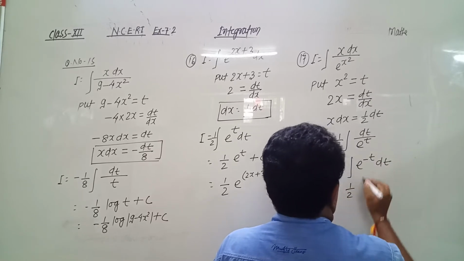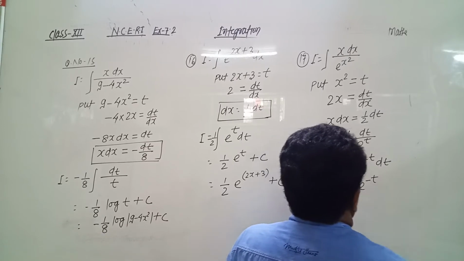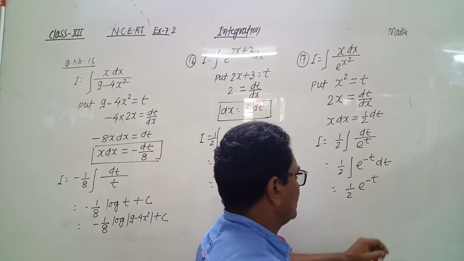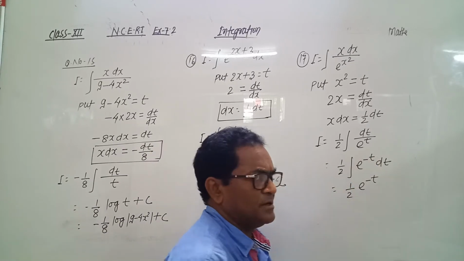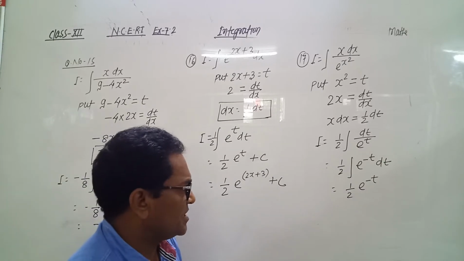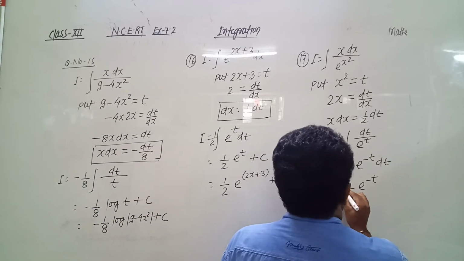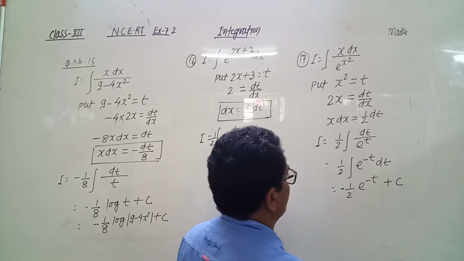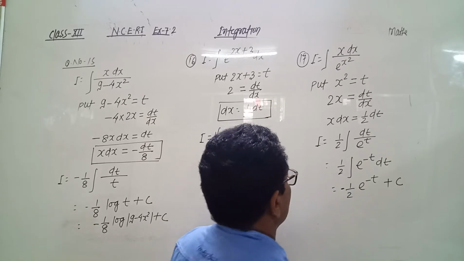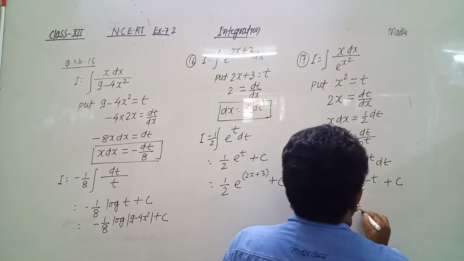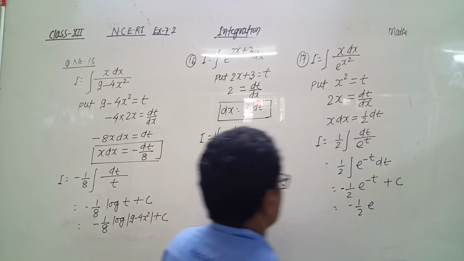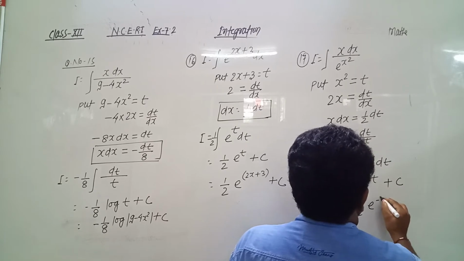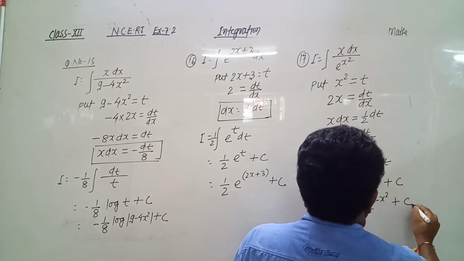So half integration of e raised to the power minus t is e raised to the power minus t, and then differentiate minus t, whose differentiation is minus 1, so we write here minus 1 and plus c. Put the value of t: minus half e raised to the power minus x square plus c.